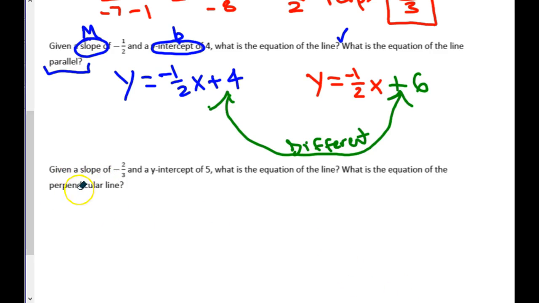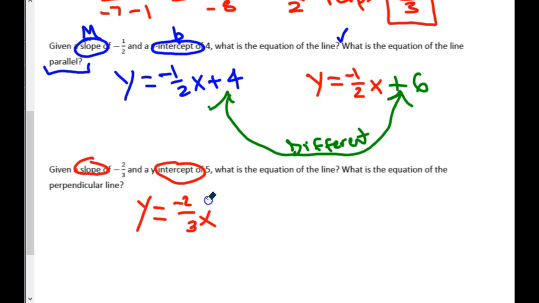Now, next one, no. Next one, after this. Next one says slope of negative 2/3, y-intercept of 5. Slope-intercept, what should I use? That. Slope-intercept. So let's write that. Y equals what? What's my slope? Negative 2 over 3x.